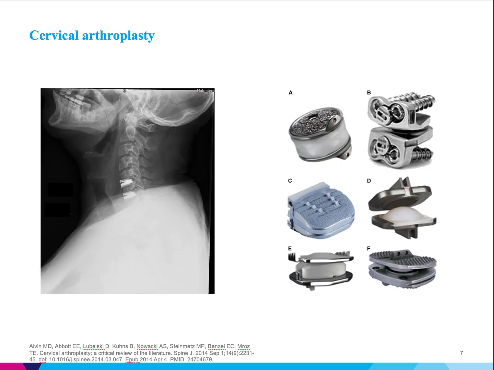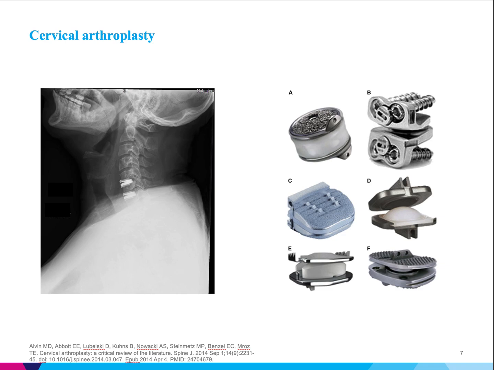There are instances where we are able to preserve motion, and we have data and experience that suggests that when we're able to preserve motion, it is likely better for the patient. So in the mid-cervical spine, we have a variety of creative solutions to preserve motion. And on the right of this image, we see there are several implants that are available that allow for motion.